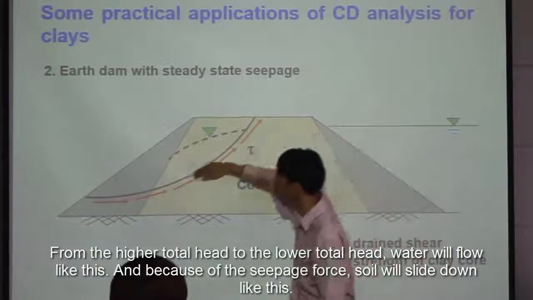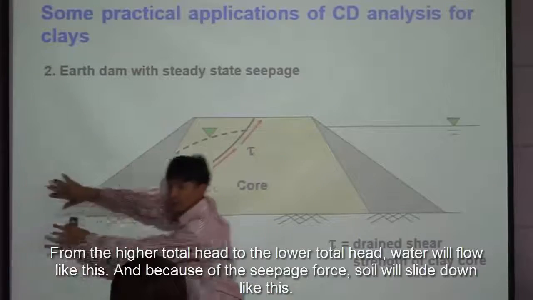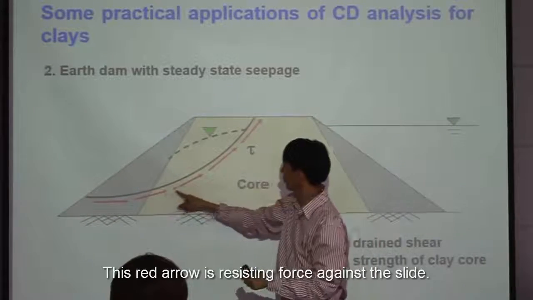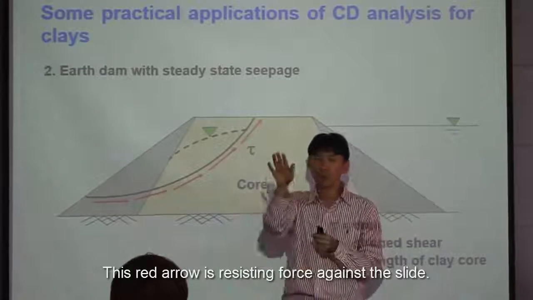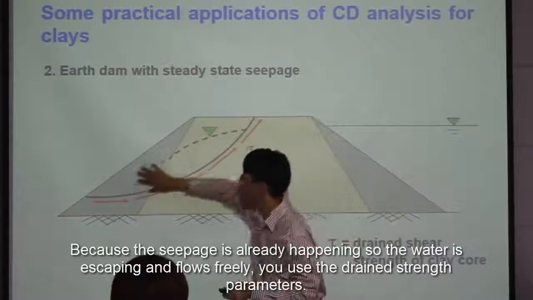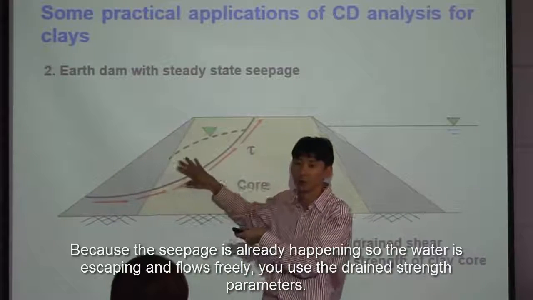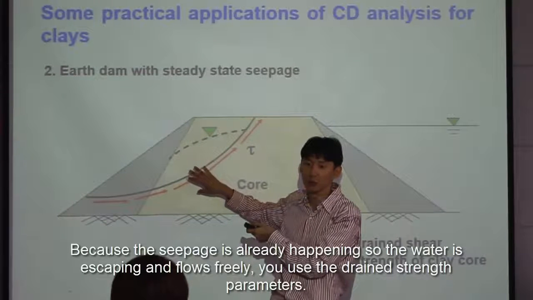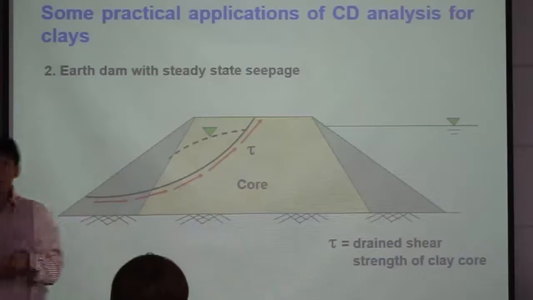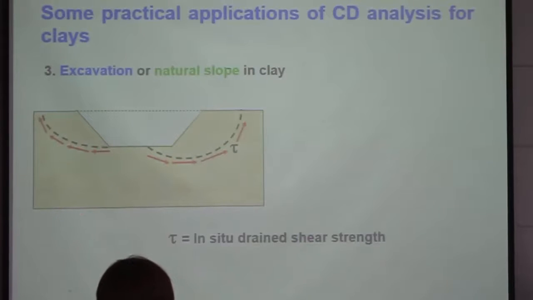So water will flow like this, and because of the seepage force, the soil can slide down like this. Right? And this red arrow is the resisting force against the slide. So in this case, because the seepage is already happening, so the water is escaping and flowing freely, we do use the drained resistance. The excavation of a natural sloping clay also will be the case for the drained loading.